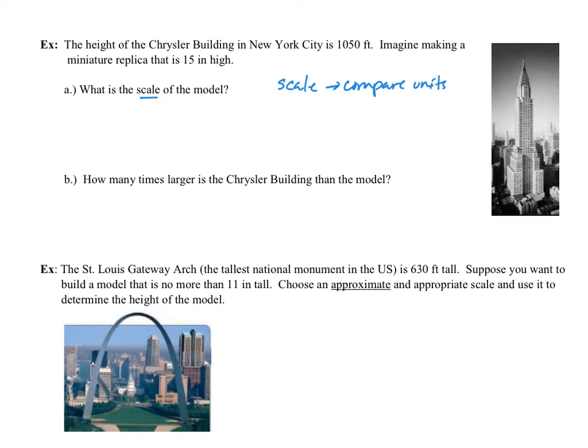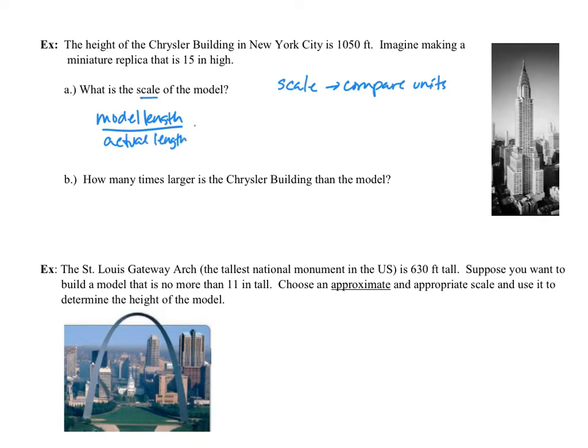So our scale would be, now remember, when we write that scale, we want to write a ratio, and the numerator of that ratio is going to be a measure from what's new, so that would be your model. So I'm going to just put model length. Let me write that so it's actually readable. Model length. Let's compare model length to the actual length of the building.